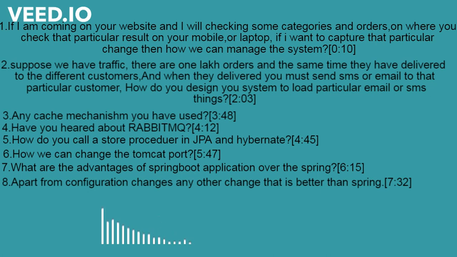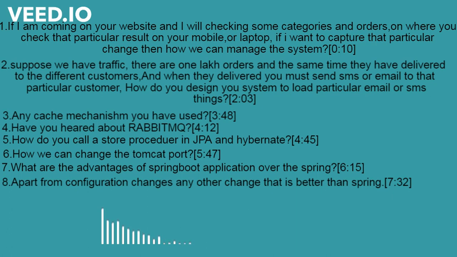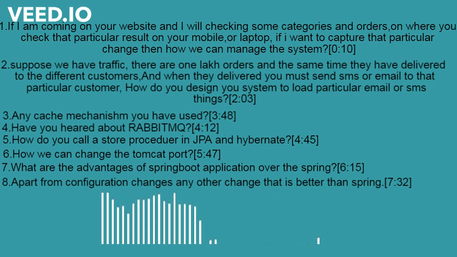Apart from configuration changes, any other things you feel are better than Spring? In Spring Boot, we also follow microservices architecture, where we can divide our whole web application into independent modules.